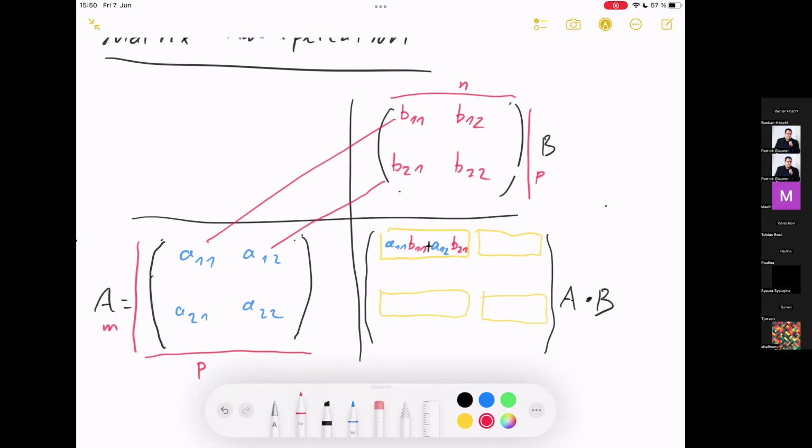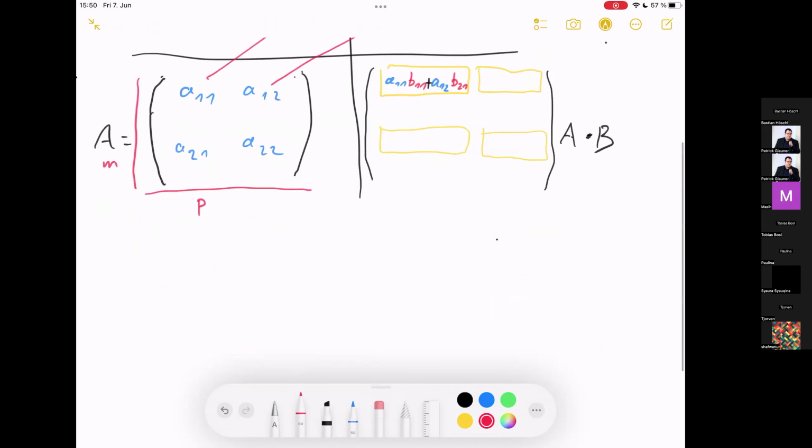If we want to know the complexity of matrix multiplication, then this is O of M times N times P, or we can just say M times P times N, in the right order.